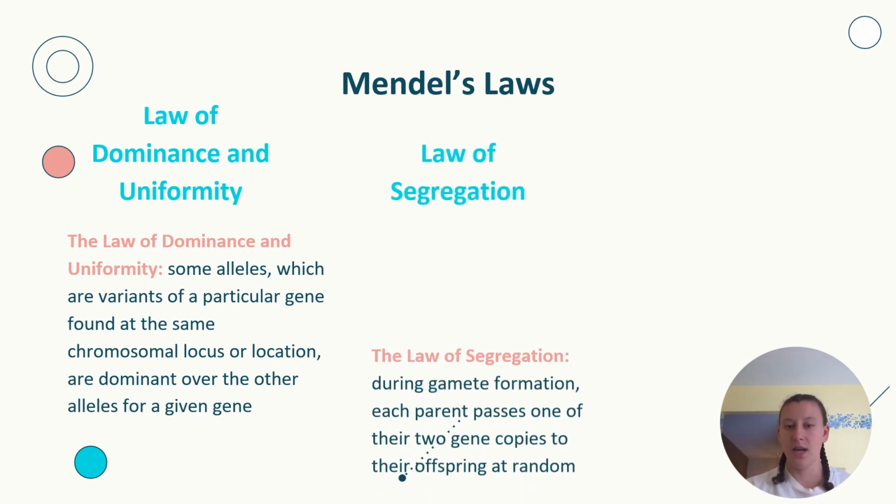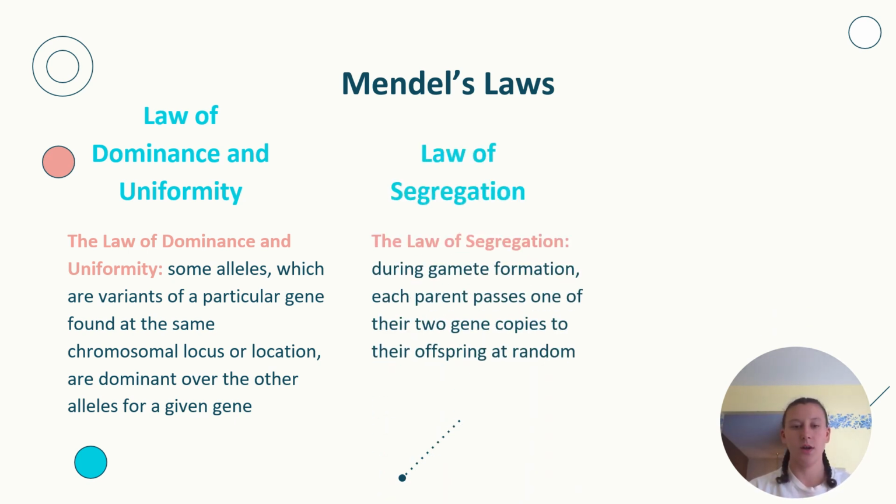Then we have the law of segregation. The law of segregation says during gamete formation, each parent passes one of their 2 gene copies to their offspring at random. So every parent, you have 2 copies of each chromosome, as we've discussed. So you will pass one of your alleles. So say I have a brown hair color allele and a blonde hair color allele. Randomly, I could pass my children a brown hair color allele, but I could also pass them the blonde one, but it just depends.